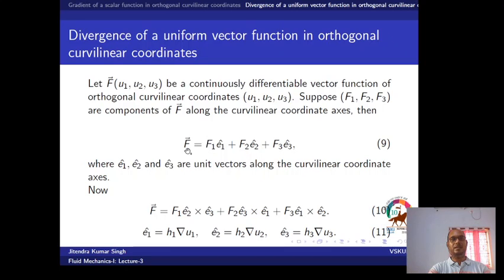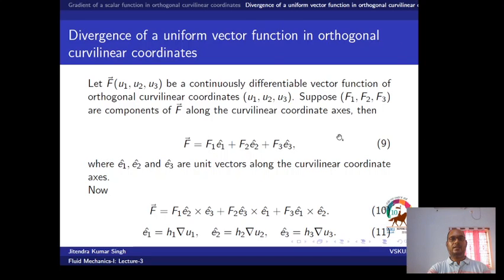So this vector f is expressed as f1 e1 plus f2 e2 plus f3 e3. Here e1, e2 and e3 are the unit vectors along the curvilinear coordinate axes.